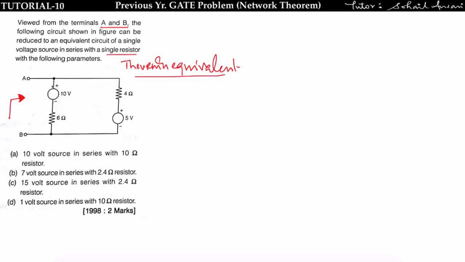Then you will get only a 4 ohm resistor here and only a 6 ohm resistor here, and both resistors are connected in parallel. So RTH is equal to RAB, which is 6 parallel with 4, that is equal to 2.4 ohm. Check the options: only B and C have 2.4 ohm, A and D are wrong.